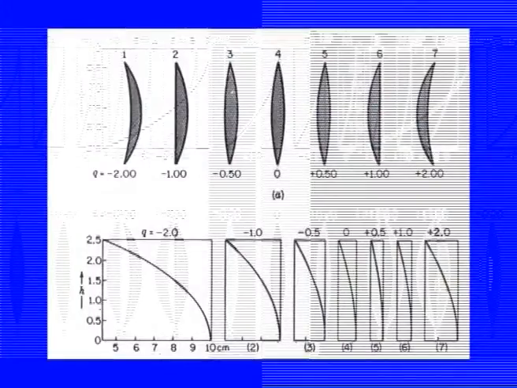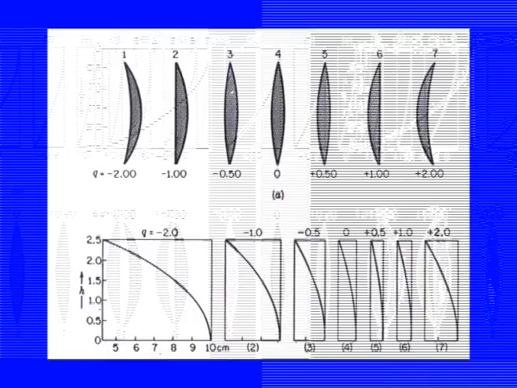The alteration of shape is known as the bending of the lens. Let us consider several lenses, 1, 2, 3, 4, with different shape factors given here. For a biconvex lens, that is number 4, the shape factor is 0.